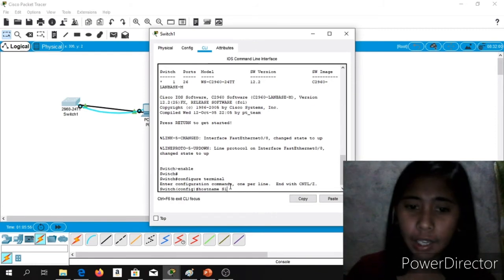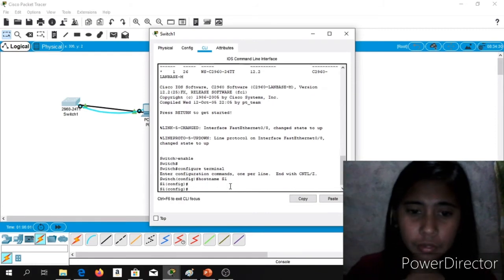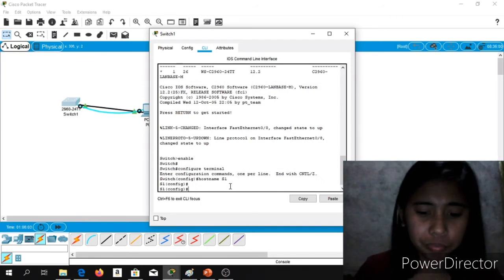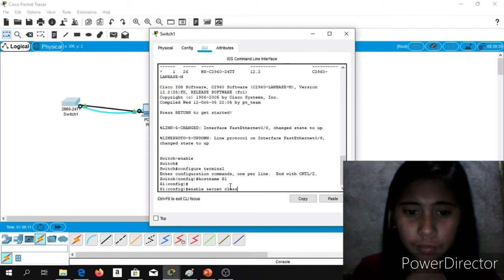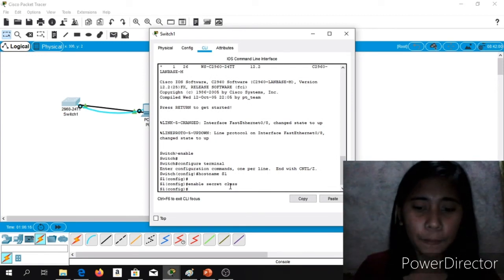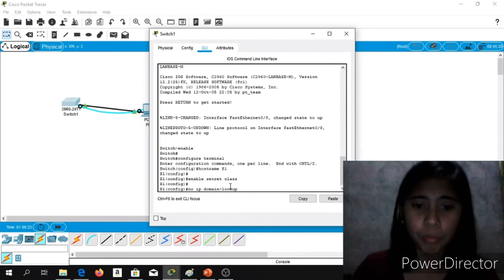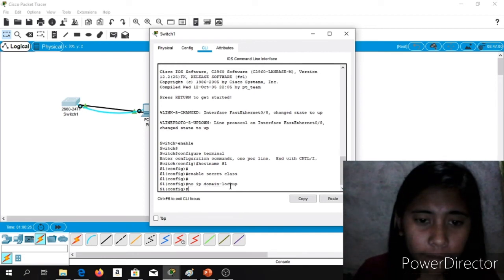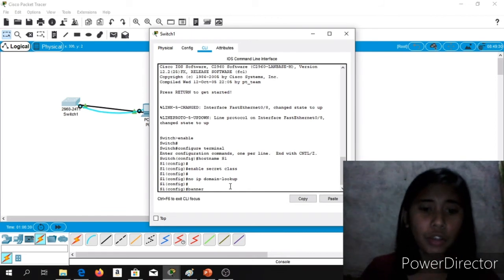And then enable secret class, and then no ip domain-lookup, and then banner motd.